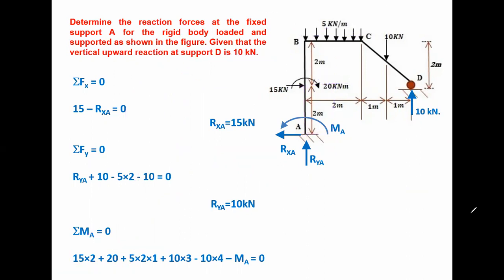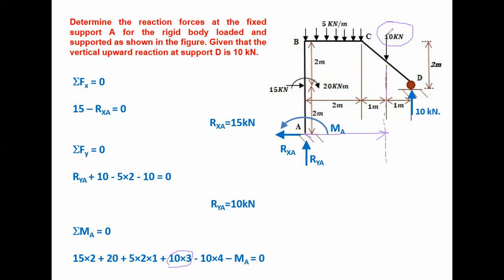Now let's come to this term 10 into 3. A 10 kilonewton force is acting at this point, and if you extend its line of action and draw a perpendicular from point A to this line of action, what is this perpendicular distance? It is 2 plus 1. That's why we are getting 10 into 3.